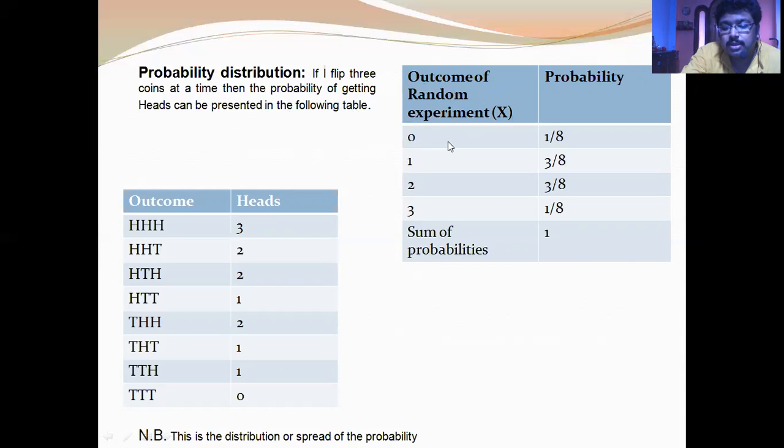Here the random variable is the number of heads occurring on the 3 coin tosses. The outcome of the random experiment is represented in this table: 0, 1, 2, 3.